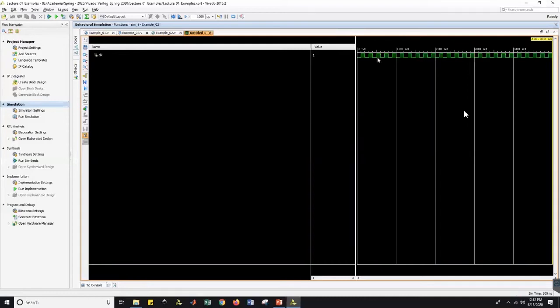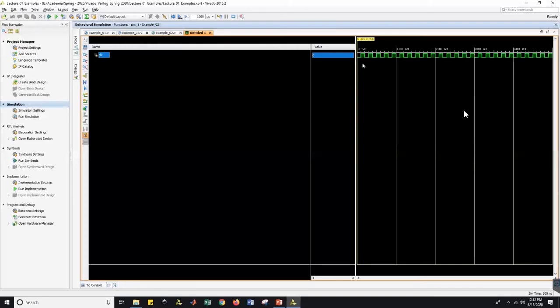Now we can verify our code, whether our simulated output is correct or not, by confirming three things. First, if we look at t equals 0, the initial value of the clock variable is 0, because we initialized the clock with an initial value of 0.